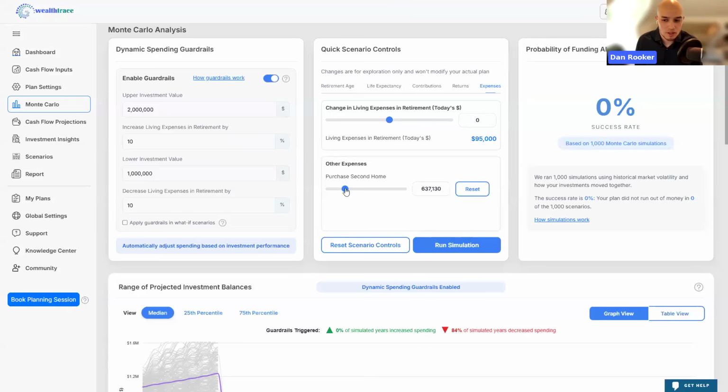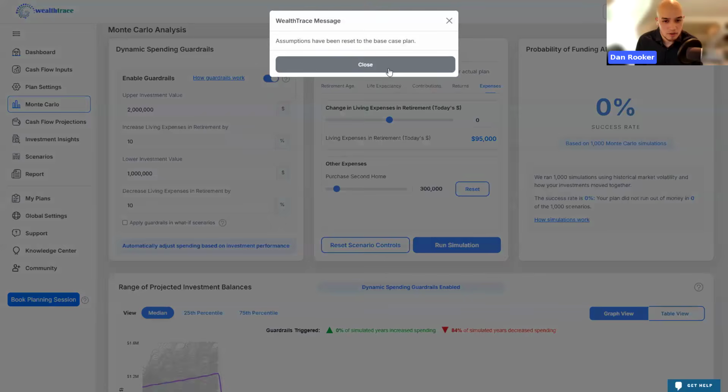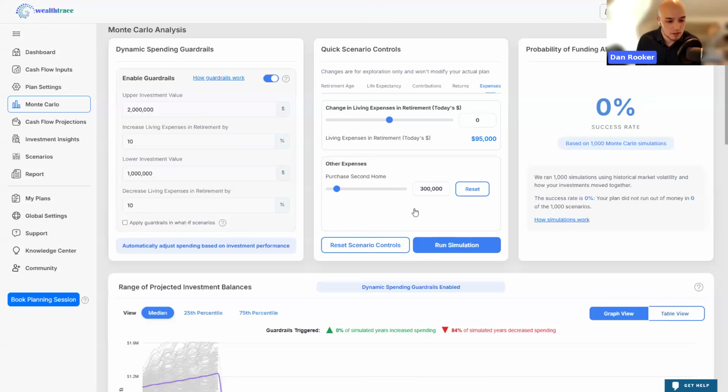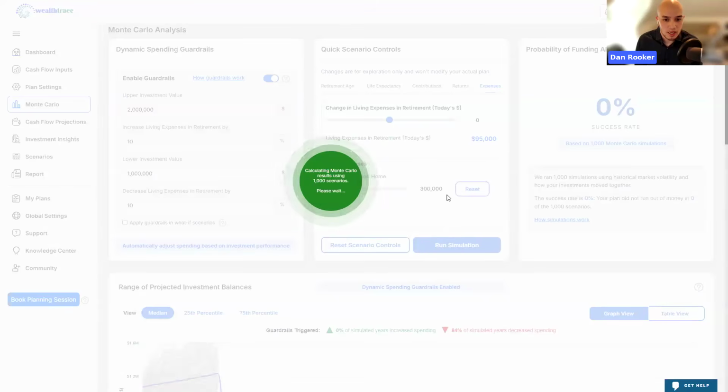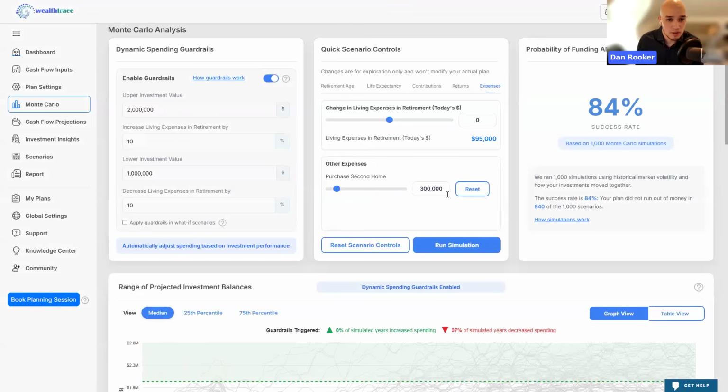That's what matters. So it's not so much the number that you're aiming for, the target. It's if I get 85% and I change my life expectancy by 3 years and it goes to 84, that's great. Or it goes to 86, that's great. But if it goes to 60, that's not great. Your plan's really sensitive. Yeah, exactly. This can measure the sensitivity of your plan to certain variables.